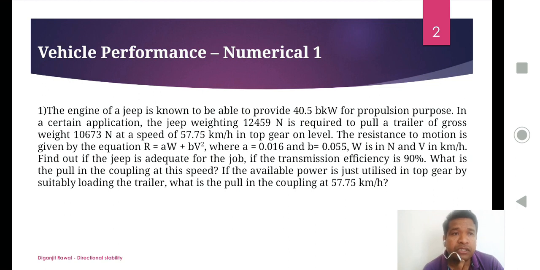The resistance to motion is given by the equation R is equal to aW plus bV square, where a is equal to 0.016 and b is equal to 0.055. Here the W is in Newton and V in kilometer per hour.